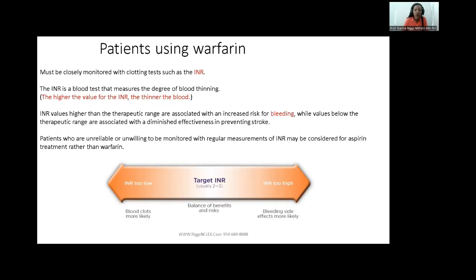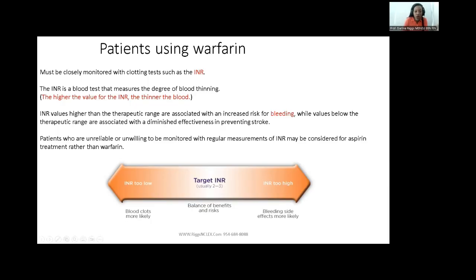And when they're on the drug, the way we monitor that their blood is within a therapeutic range, not too thin or too thick, is with what we call the INR. If they're on Coumadin, we're going to monitor the INR specifically.